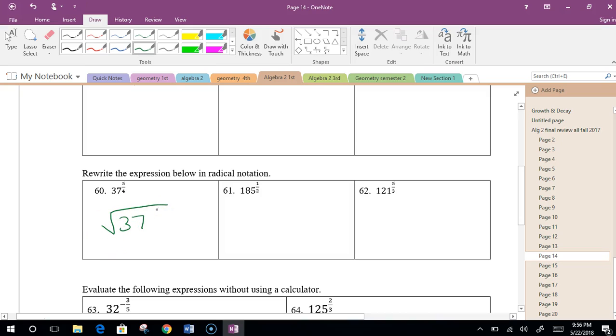So it has an exponent of a 5 and an index of a 4. 185 to the 1/2, again, 185 is my radicand. 1 is my exponent, 2 is my index. Technically speaking, neither one of those exponent or indexes is necessary, but we're going to put them in there for right now anyhow. And then 62, 121 to the 5th power with an index of a 3.